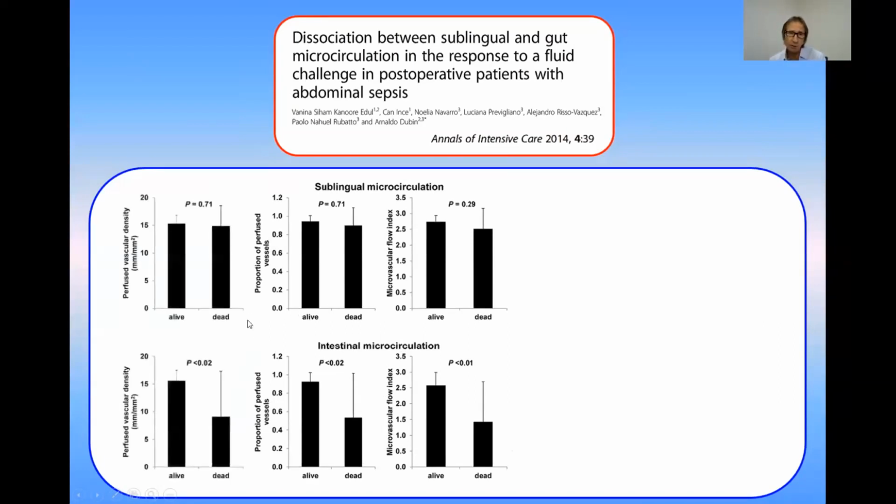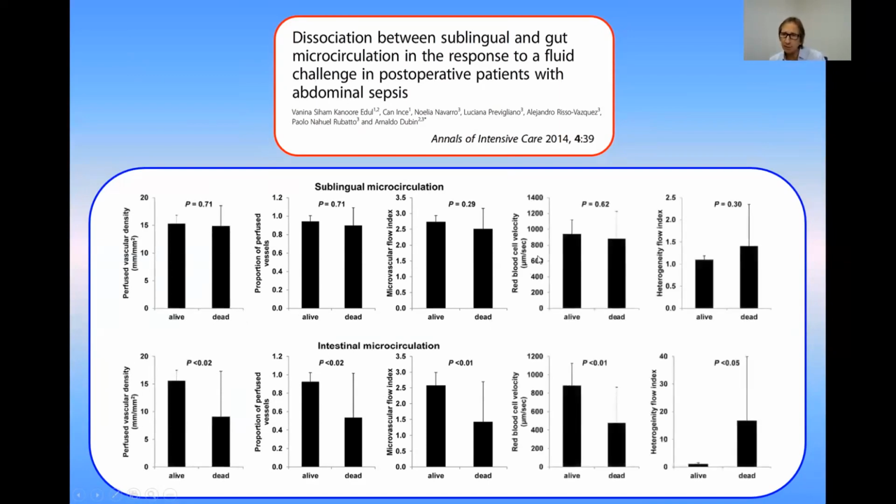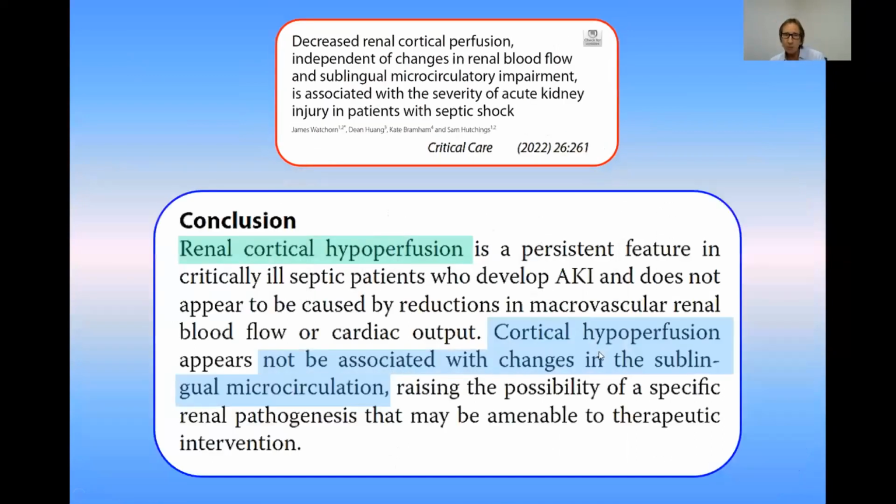Same results for other parameters like perfused vascular density, RBC velocity, or heterogeneity index. So only intestinal microcirculation was correlated with outcome. Also, for the renal cortical perfusion, this study showed that renal cortical hypoperfusion appears not to be associated with changes in the sublingual microcirculation.